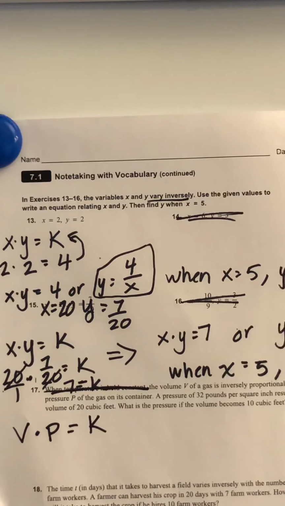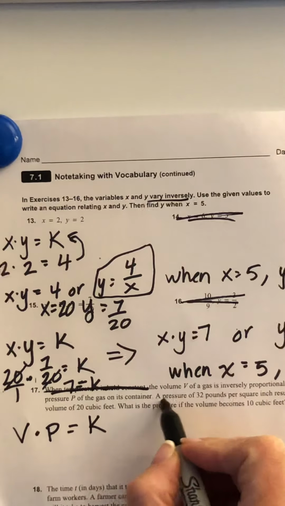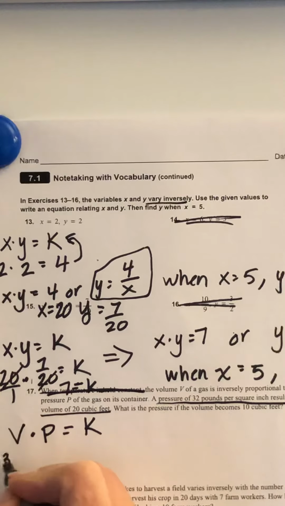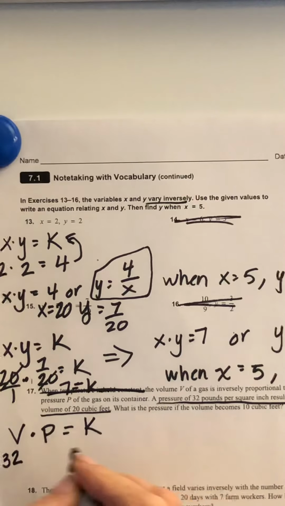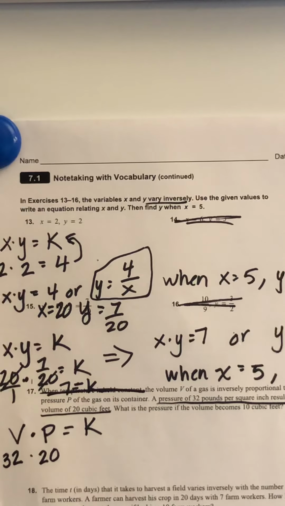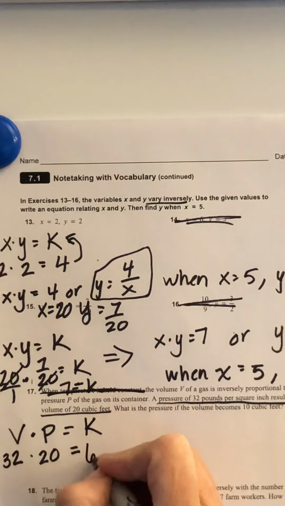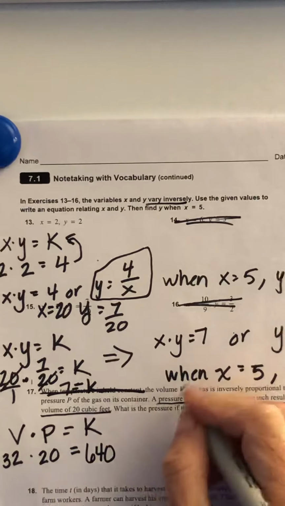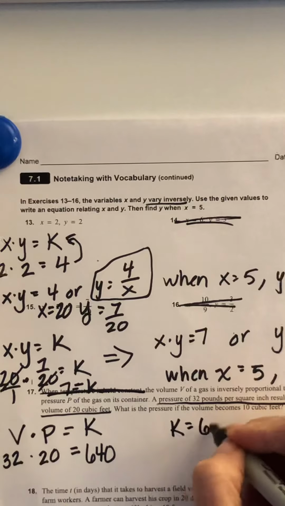A pressure of 32 pounds per square inch results in a volume of 20. Knowing this fact helps us to find out what that K is. So 32 pounds per square inch times 20 cubic feet, and it's okay that we have different units here, is going to equal 640. So K equals 640.